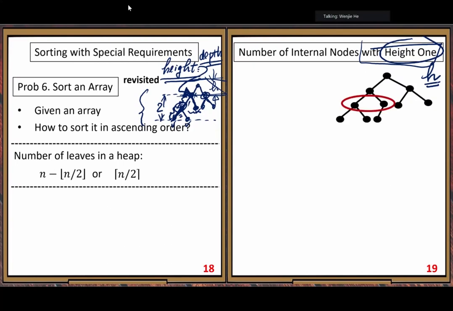All right. Now let's look at the height 1 case. Based on our understanding, in this simple example, there are these 3 nodes of height 1. The question is, for a general heap, how do we find a formula for height 1? Here we can use a similar method to what we used to calculate the number of leaves. We need to extend that formula a little bit, but the thinking is pretty much the same.